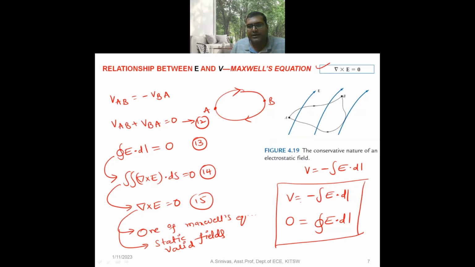Please make a note. These two equations are valid for static fields, not for time varying fields.